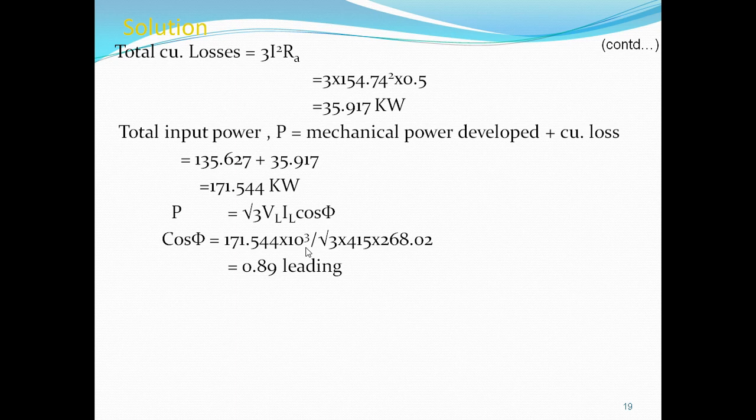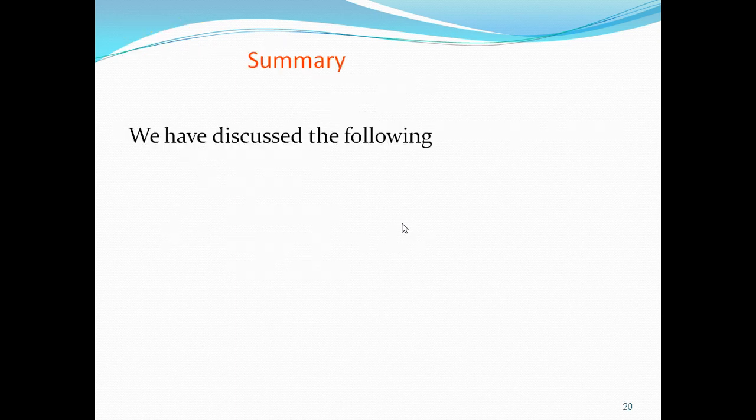We have to check whether EB is greater than V, less than V, or equal to V. If EB is greater than V, then it is leading power factor. If EB is less than V, then it is lagging power factor. If EB is equal to V, then it is unity power factor.